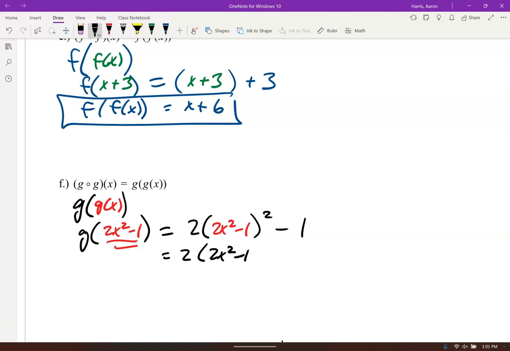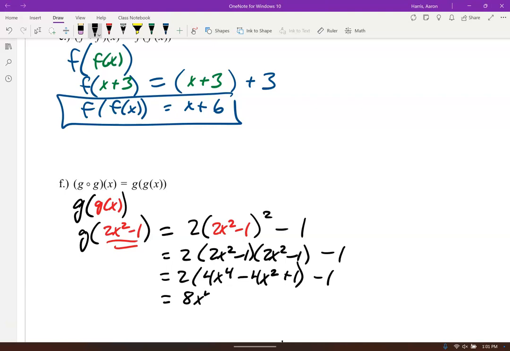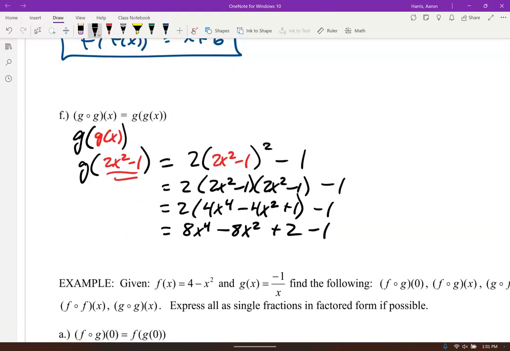Make sure to expand this. Minus 2x squared, that's minus 4x squared plus 1. Distribute the 2. So g of g of x ends up being 8x to the 4th minus 8x squared plus 1.